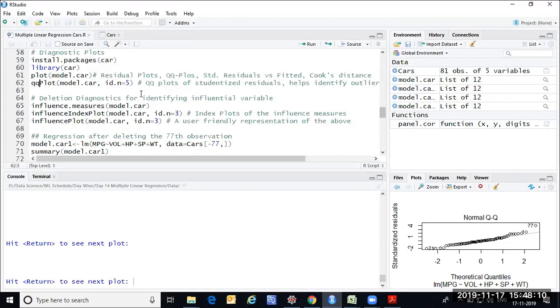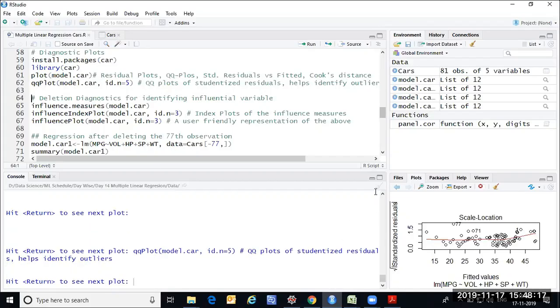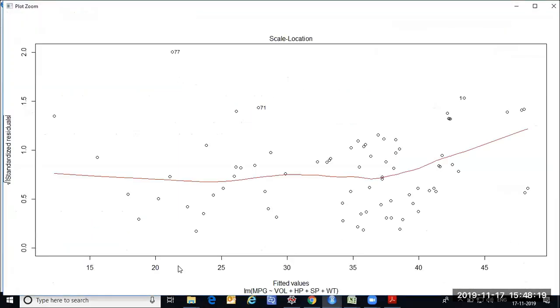What does the QQ plot give? There's a graph between standardized residuals and fitted values. How should they look? The standardized residuals and fitted values should be very close by, but you have a few observations.